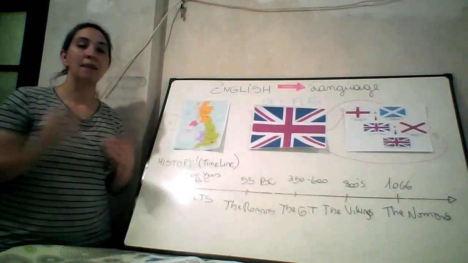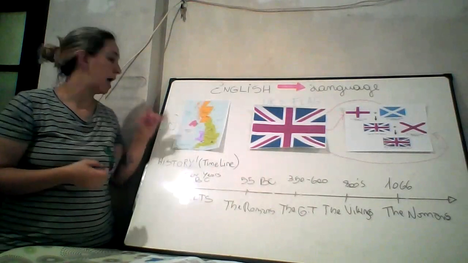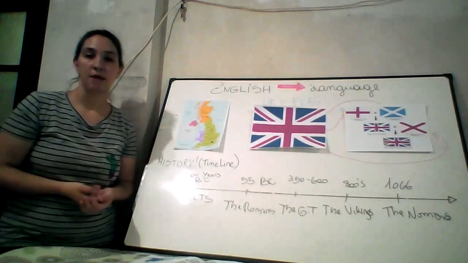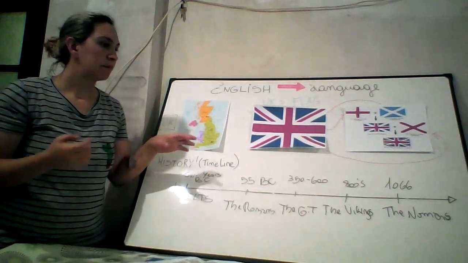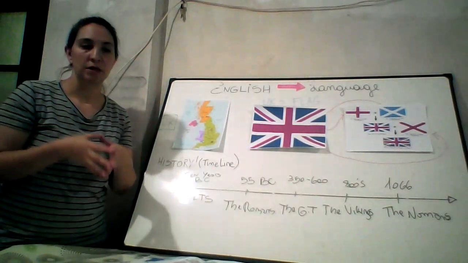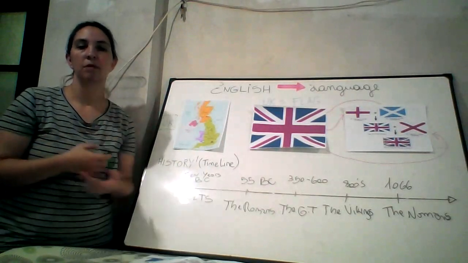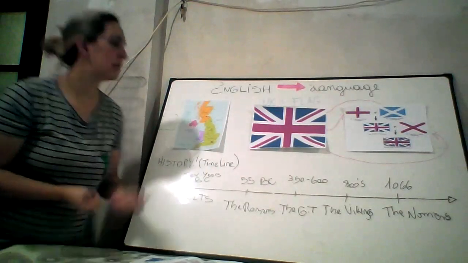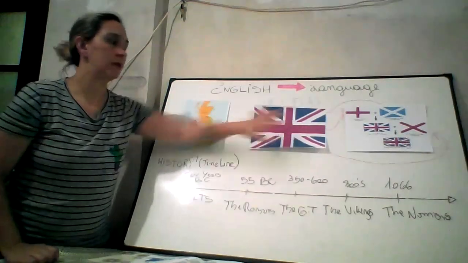Then we have the British Isles, which includes Great Britain, Ireland, and another 5,000 isles. I thought it was necessary to give you the difference between those three places because sometimes people used to confuse them.